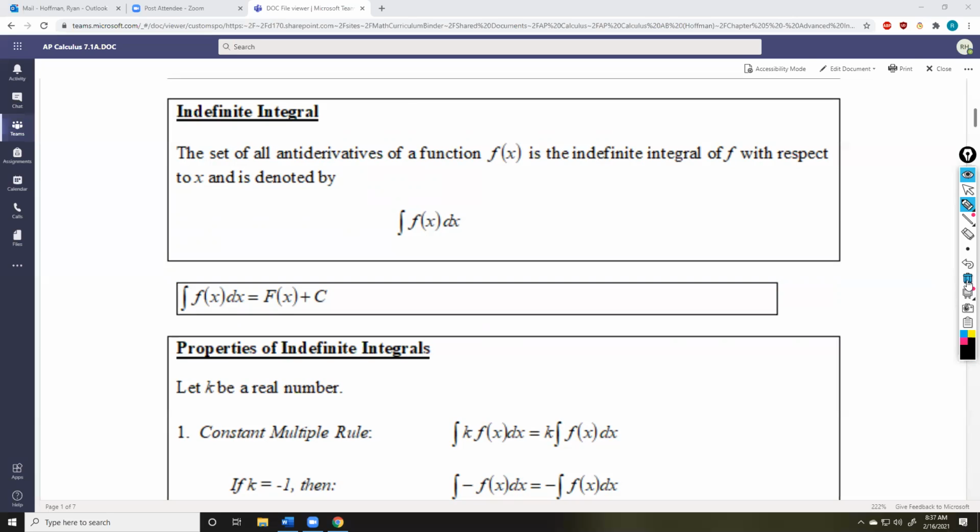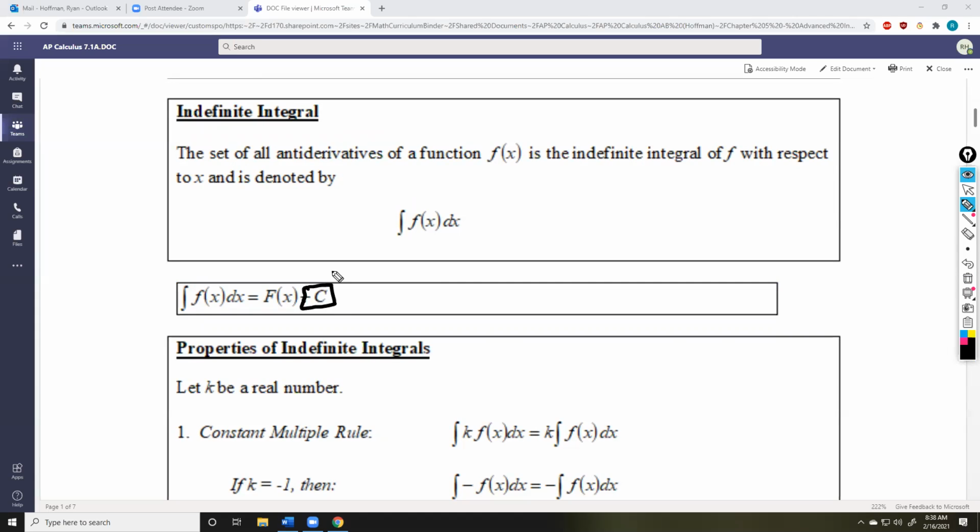And so that is going to involve taking our antiderivative, and this is where our plus c is going to come into play. When we first talked about antiderivatives, we talked about how there could be some constant out in front. The derivative of a constant is going to be 0.